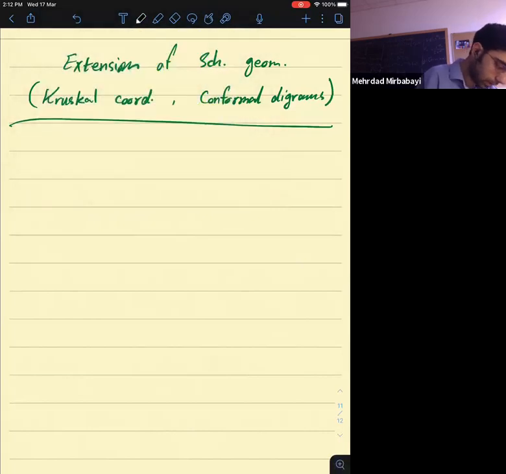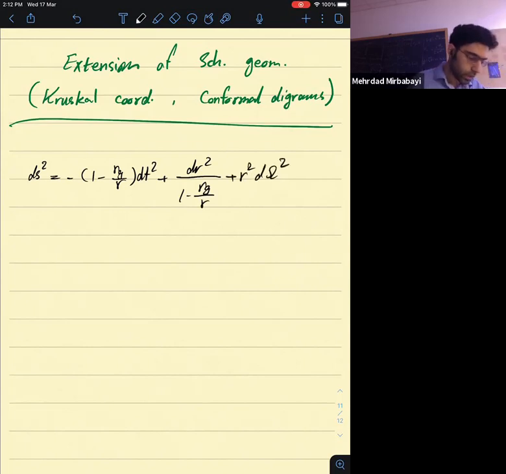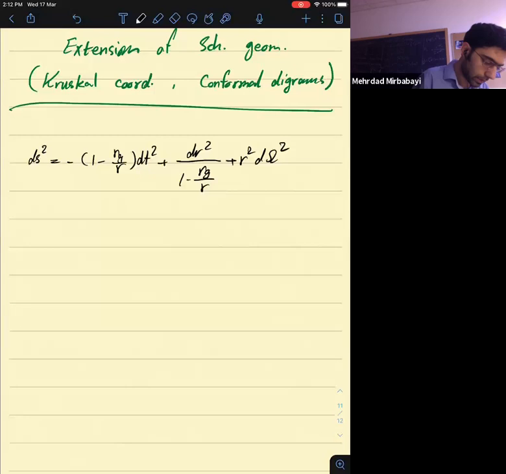So let us again rewrite the metric. As we noticed yesterday, as R goes to RG, the metric becomes singular.